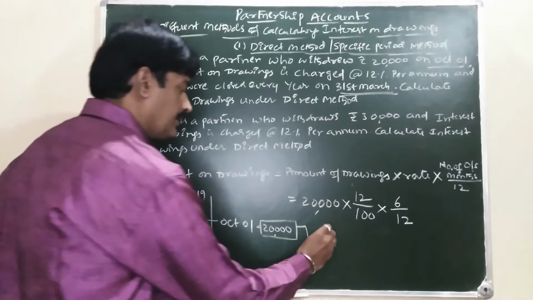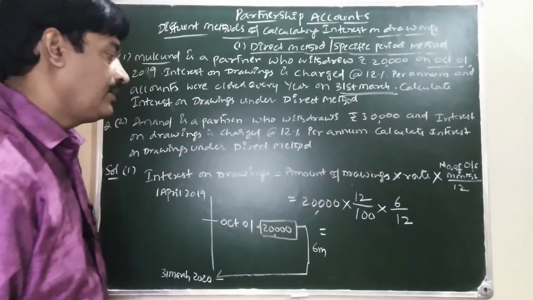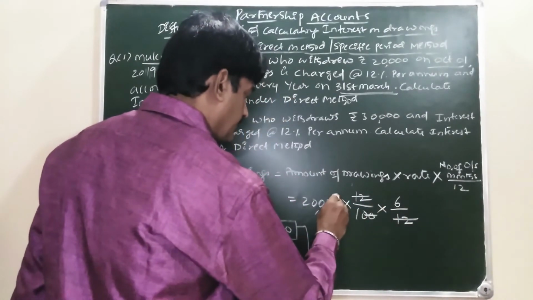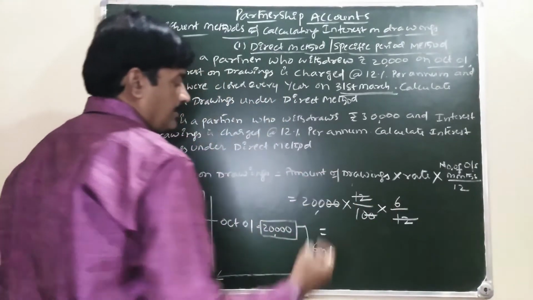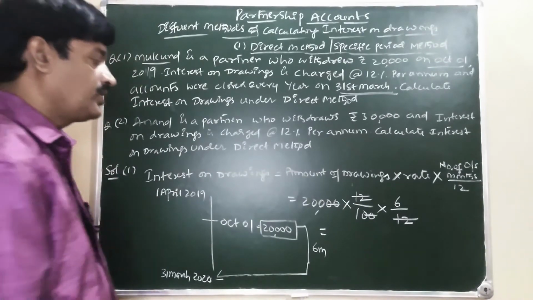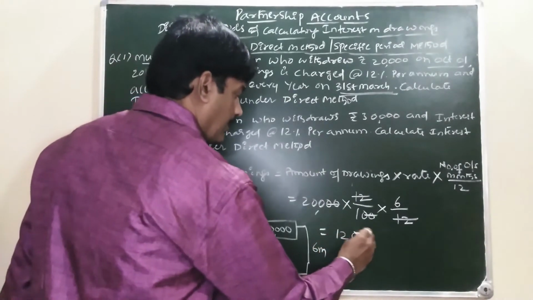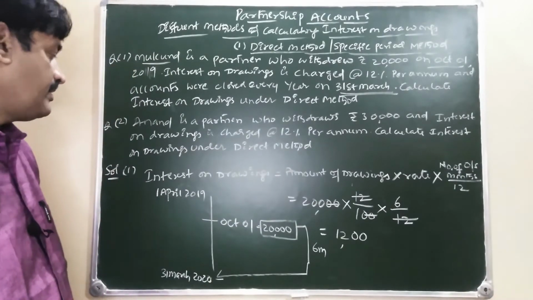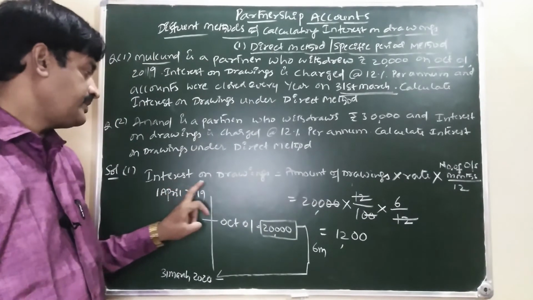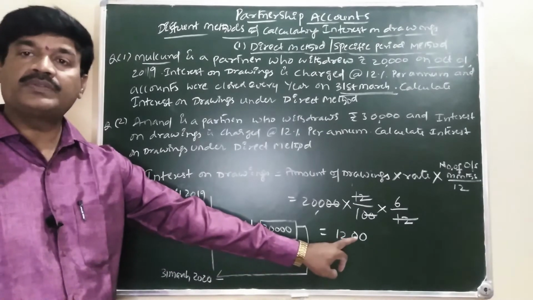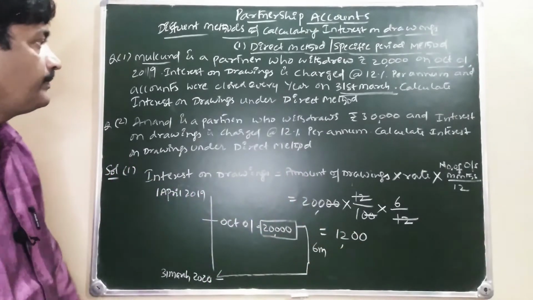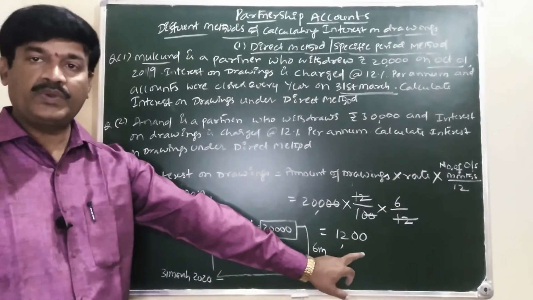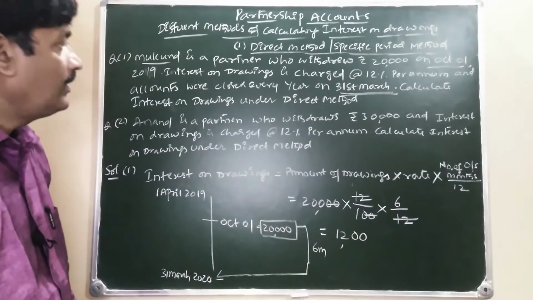Now calculating interest. 12 cancel. 2020. 6 twos are 12. 1200 is the answer. That is, interest on drawing amount is 1200. This is the first question solution.